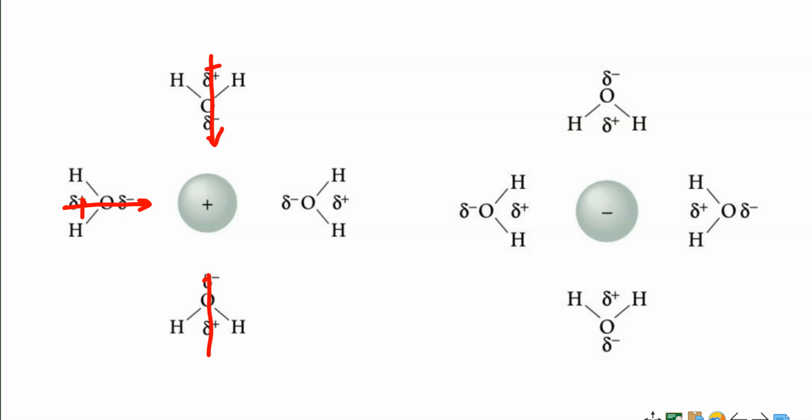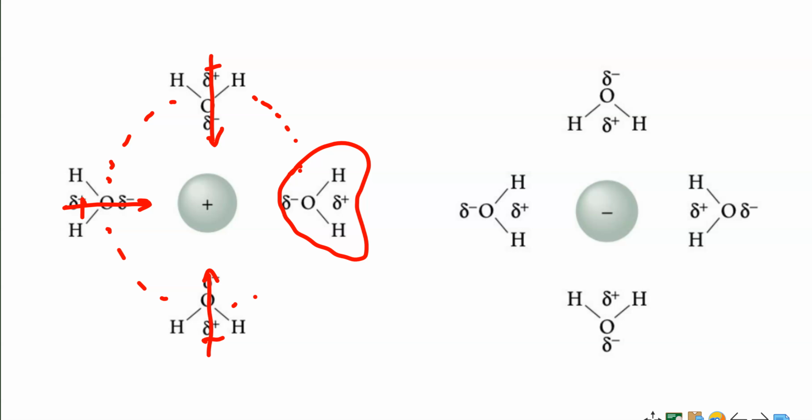And when there's a positive ion nearby, all the negatives attract to the positive, meaning all the waters are going to be arranged like this, okay, into what's called a hydration sphere. Not that that term is going to pop up anywhere, but it's just a cool term, hydration sphere.